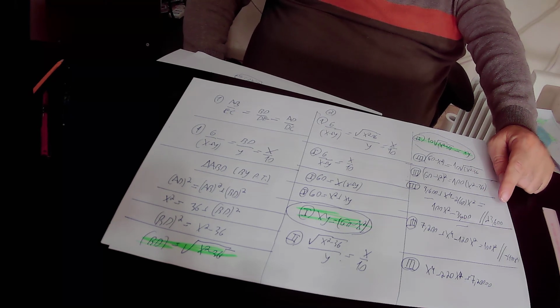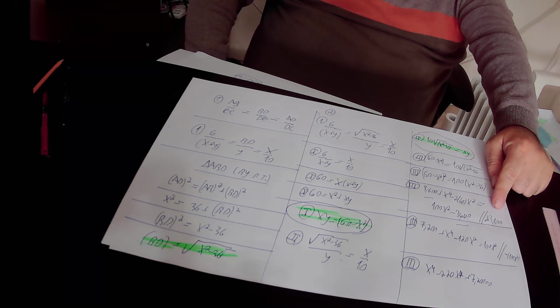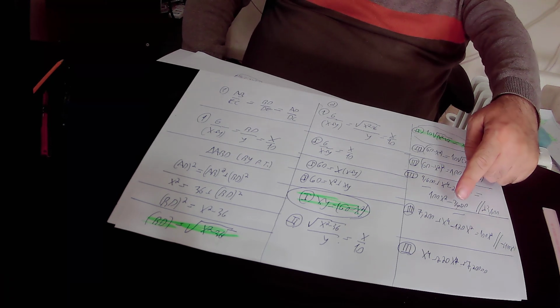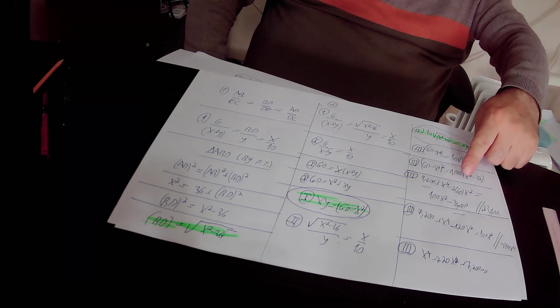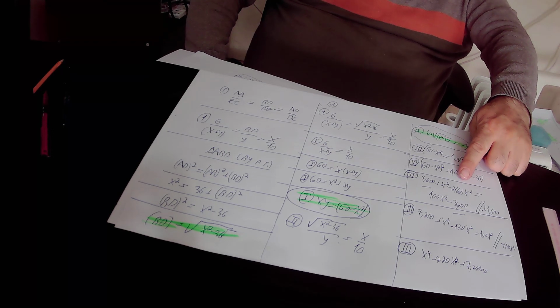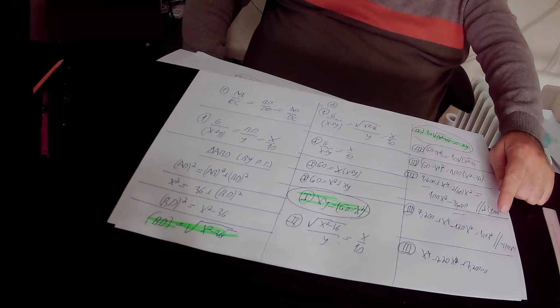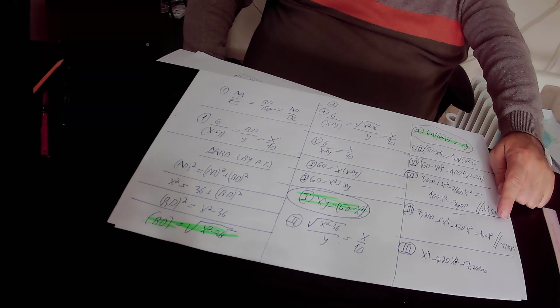Here we added 3600 to this equation, equation number 3, and we got that 3600 plus 3600 is 7200, and it is equal to x to the power of 4 minus 2 times 60 x squared, that is minus 120 x squared, and it equals 100 x squared.